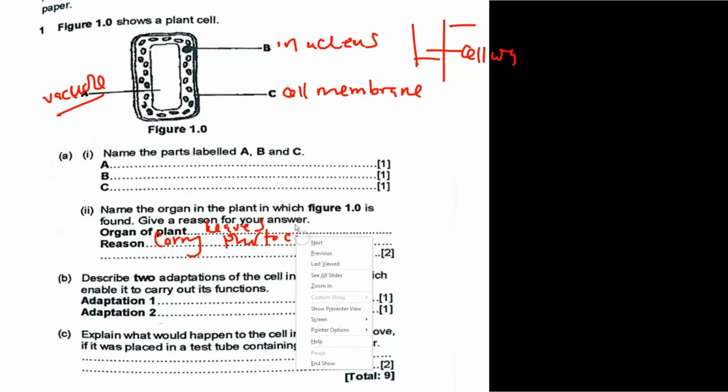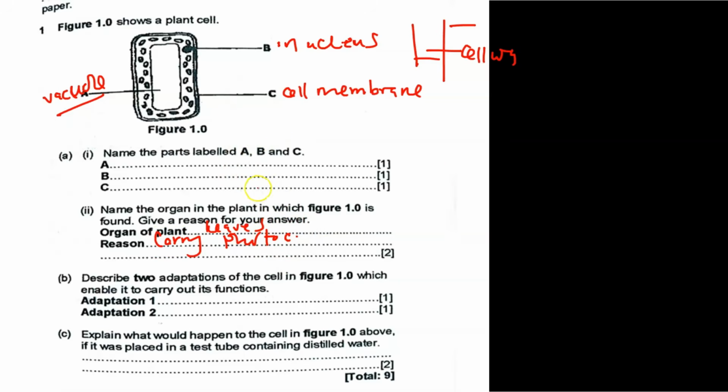So the reason it is found in the leaves is that it contains chloroplasts, which help in photosynthesis.